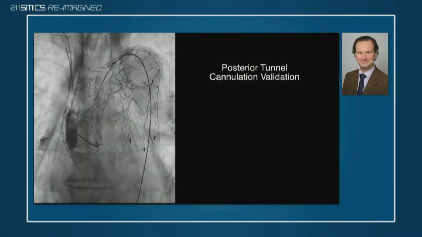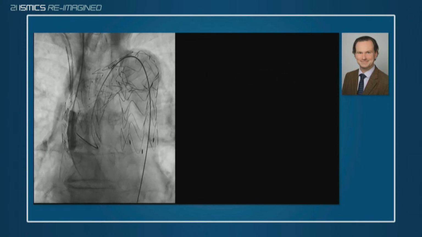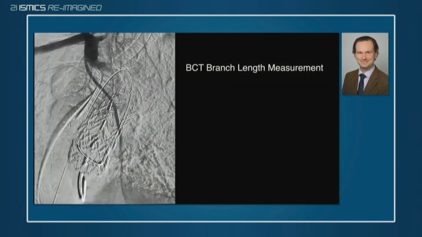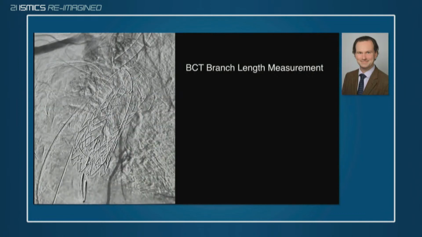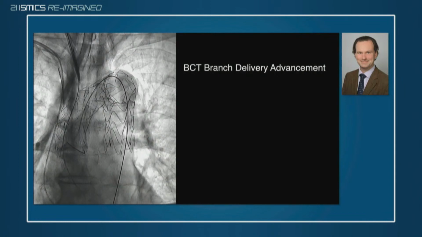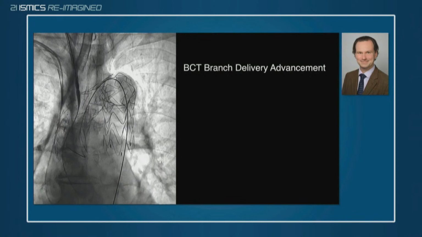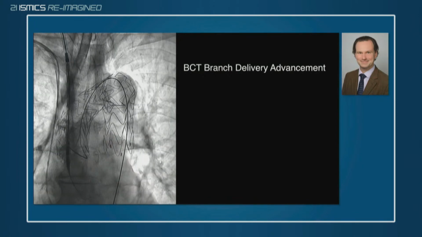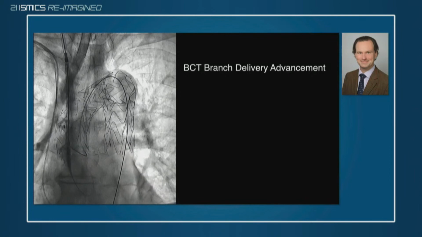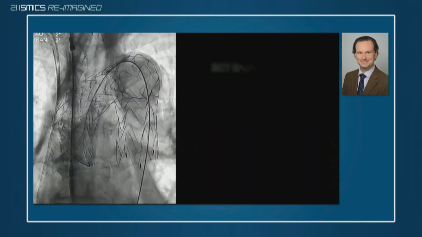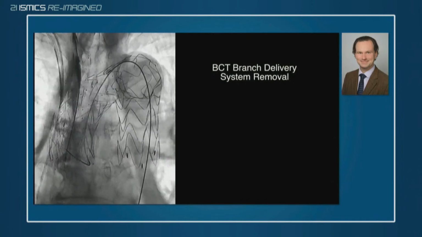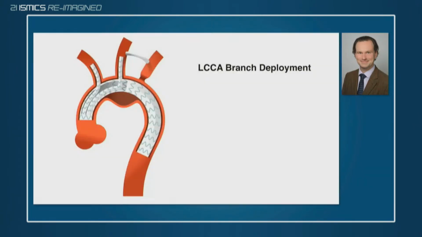Initially we see here the reconfirmation that we are within the posterior tunnel hosting the bridging stent graft to the brachiocephalic trunk. As we will see in a few seconds, the bridging stent graft is being delivered and deployed, and the same maneuver is carried out via the left common carotid, with deployment of the second bridging stent graft.